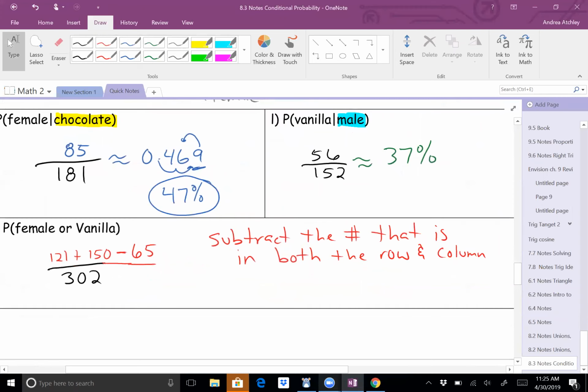So that's going to give me 121 plus 150 minus 65. So this gives me 206 over 302.